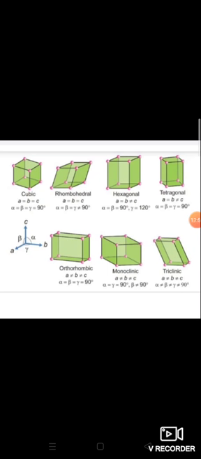Next hexagonal, possible variation is primitive. Axial distance A is equal to B but B is not equal to C. Angles alpha and beta are 90 degrees, gamma is 120 degrees. Examples: graphite, zinc oxide, cadmium sulfide.